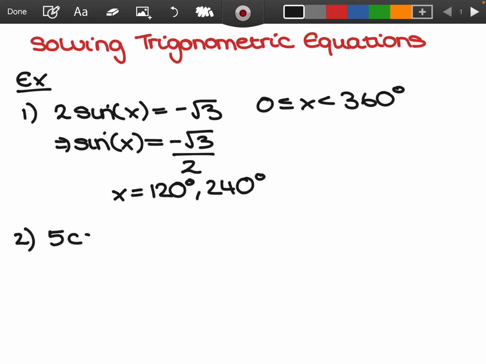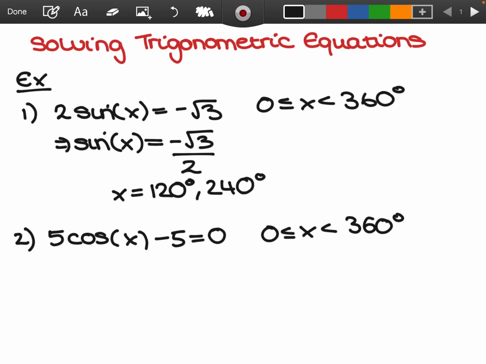Next, let's look at a cosine problem where we have 5 cosine x minus 5 equals 0, and again I'm going to look for x within the interval 0 to 360 degrees. I'm going to do the same thing again.